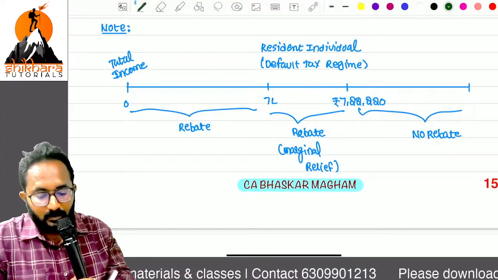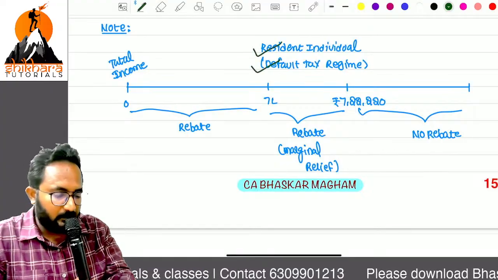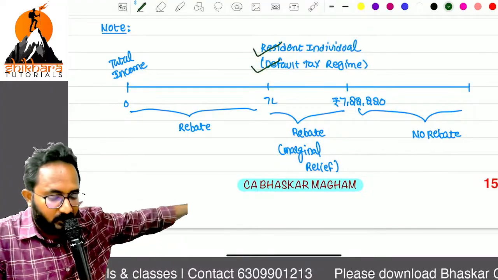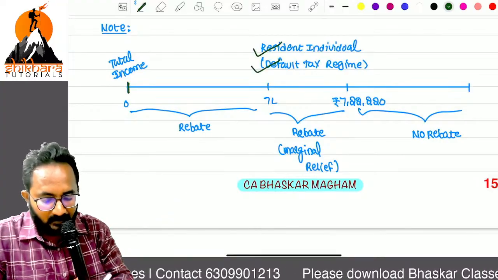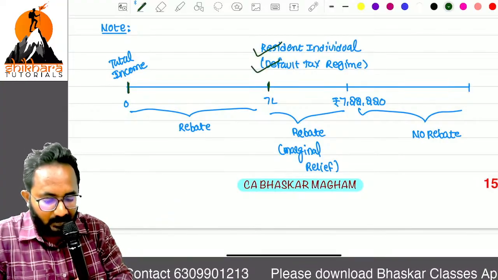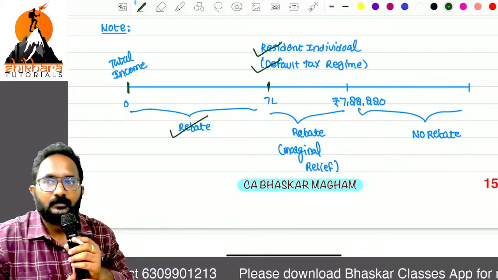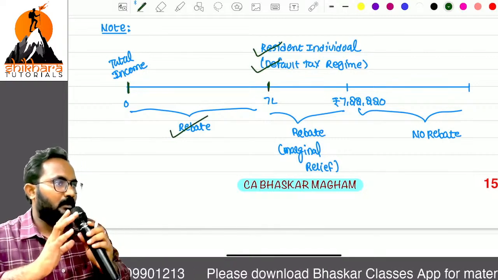In the default tax regime, if you are a resident individual and your total income is 0 to 7 lakh, directly you will get the rebate. Let's check this screen.